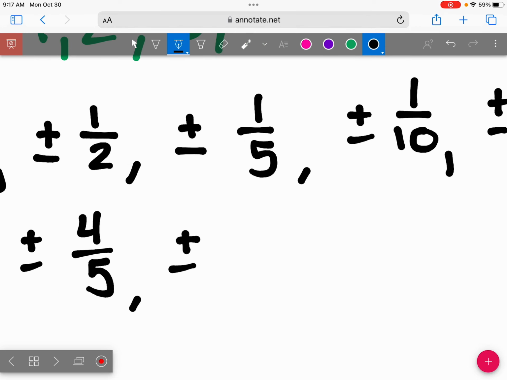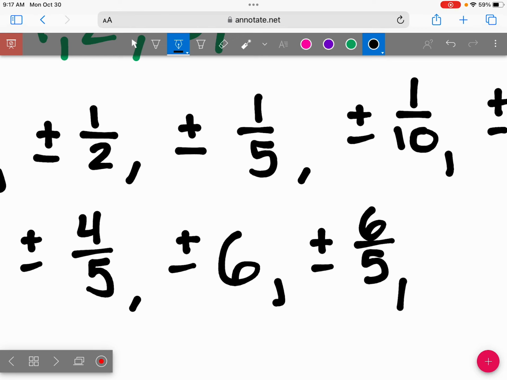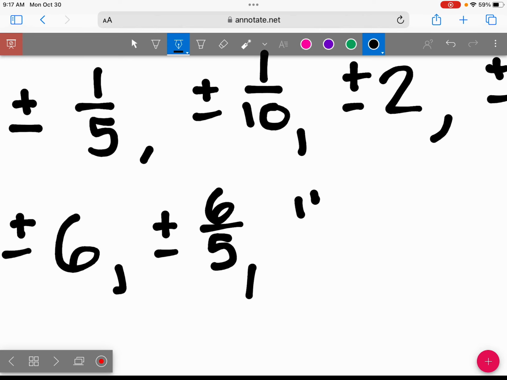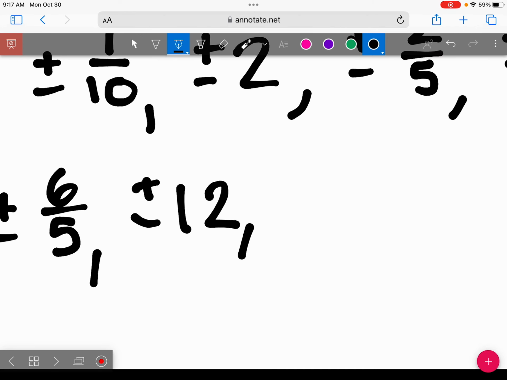So we're on to 6, plus or minus 6. 6 over 2, we already have. 6 over 5, we don't have, so we're going to put that one in our list. 6 over 10, we already have, because that's 3/5. So then we're on our last one, 12. Plus or minus 12. 12 over 2. 6, which we've got. 12 over 5.